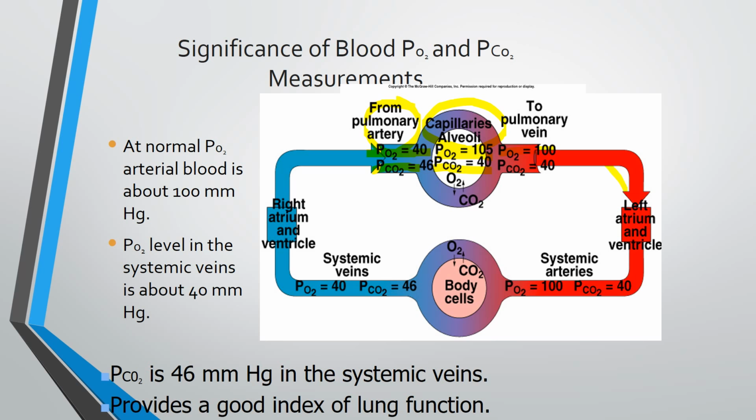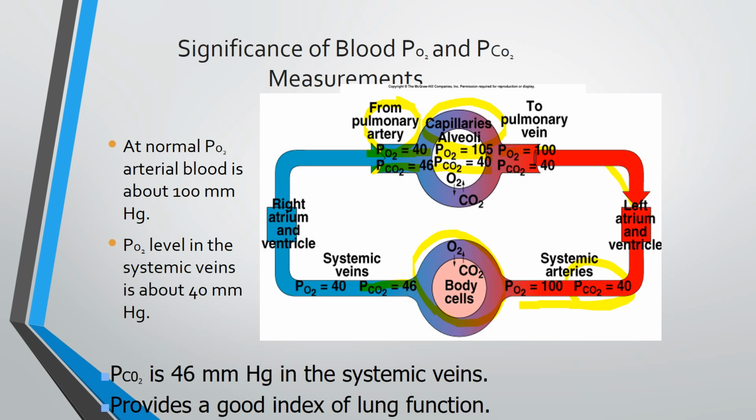And then this is going to travel through the heart and then into the systemic circuit, where the arteries are bringing this amount of oxygen into the capillaries within the system. And so now we are losing oxygen and gaining carbon dioxide. So within the systemic veins, this is why we see an increase in carbon dioxide up to 46 millimeters of mercury compared to 40 millimeters of mercury.